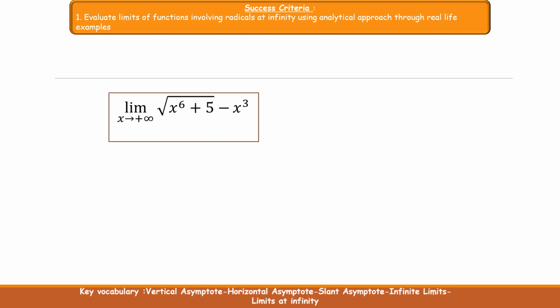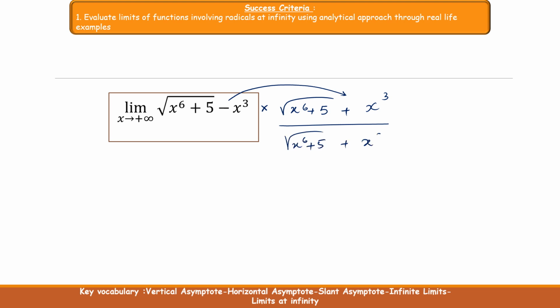Let's try this question. So take the conjugate. So we will write square root of x power 6 plus 5. This minus will be changed into plus, and then x cube, divided by the same terms that you write in the numerator. Now the formula: a plus b, a minus b equals a square minus b square.